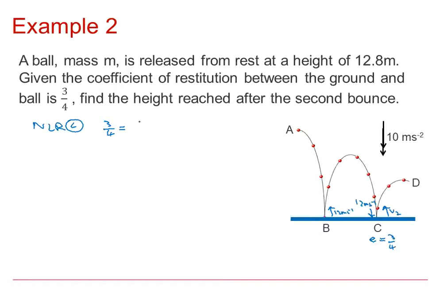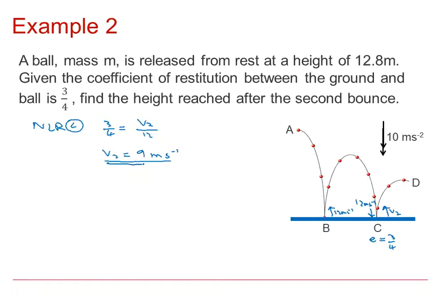So the separation speed away from this perpendicular ground is v2, and the mass hit this ground at an impact speed of 12. So v2 is 9 meters per second.